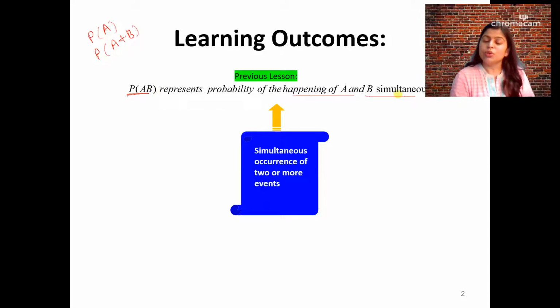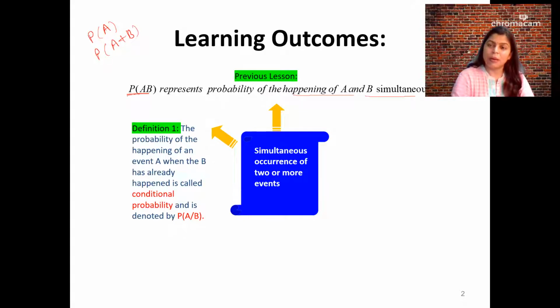We need to learn these standard notations, because they have a literal meaning. Whenever we deal with events where two things are happening simultaneously, sometimes some conditions are imposed, and these conditions give rise to the new definition of conditional probability.